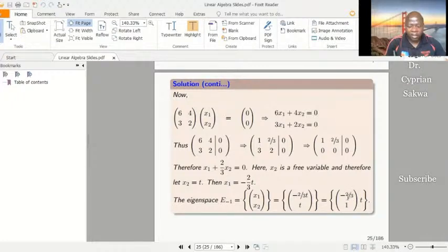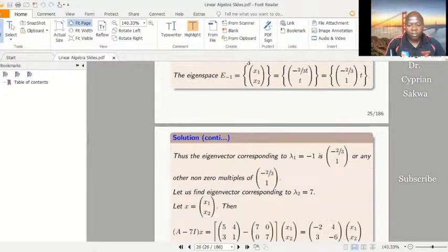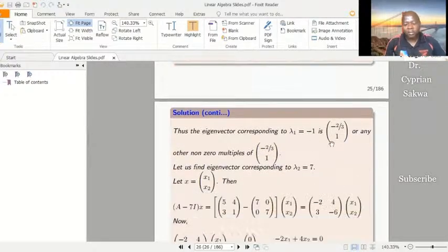So you can multiply the first element and the second element, and it gets negative 2, 1. I did not do that in this question, but you can still do it. So the eigenvector corresponding to this eigenvalue is this, or any other non-zero multiple of this.